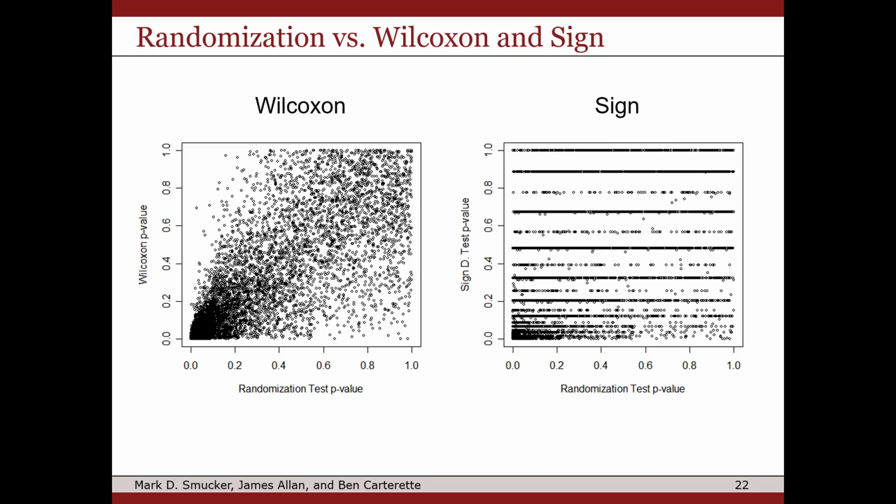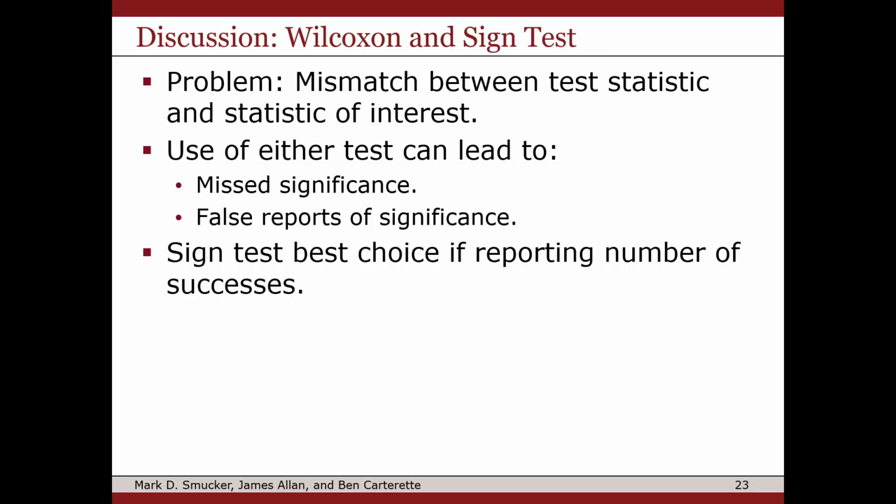And again, why is that? It's because they actually have a different test statistic. So you can make all sorts of mistakes with using them if you're reporting the mean difference. You're going to miss cases where you have actually discovered something works better, and likewise, you're going to potentially make mistakes declaring things work when they don't.